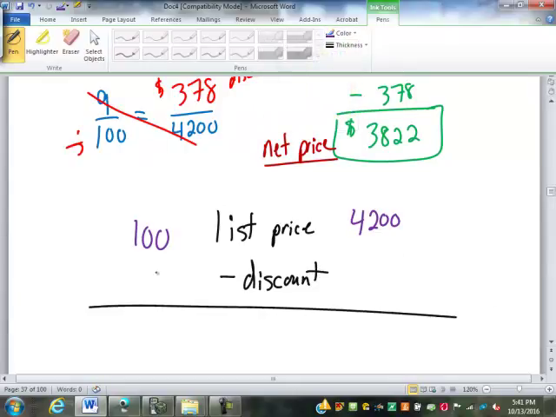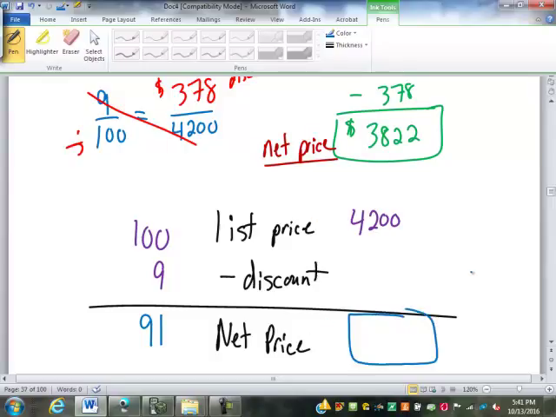That discount was 9%. To get our net price. So our net price would have just been 100% minus 9% or 91%. So rather than finding the 9% and subtracting it out, we could have just found the 91% right away.